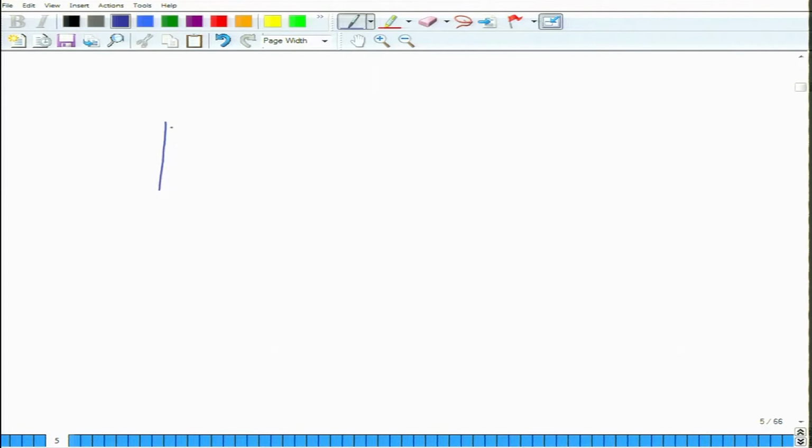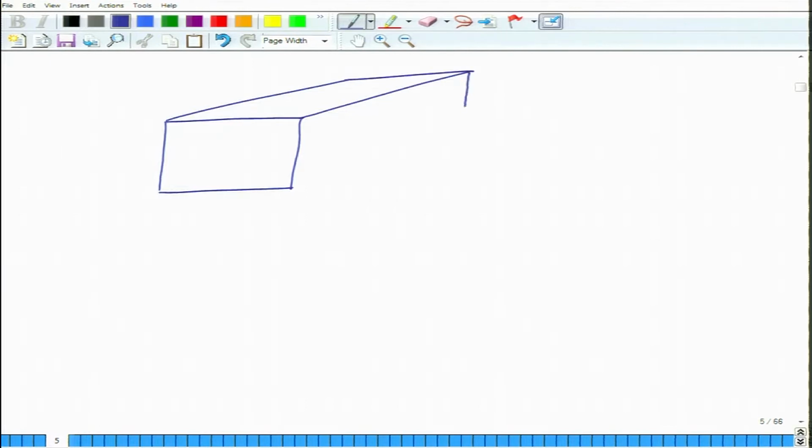Let us say I have a parallelogram like this. Let us say this is the origin, and I define this in some multiple of, let us say, a, 2a, 3a and 4a.